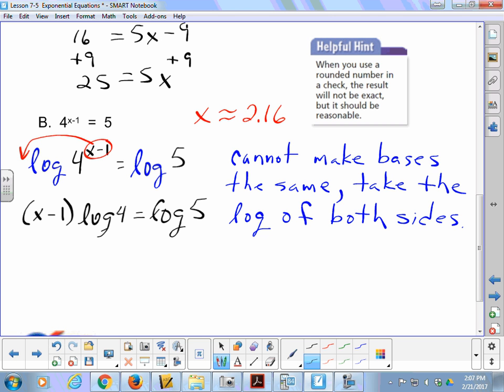We have two options here. We could distribute the x and the negative 1, or we could get rid of the log of 4. Since it's multiplication, I can get rid of the log of 4 by dividing by it. So I'm going to divide by the log of 4.